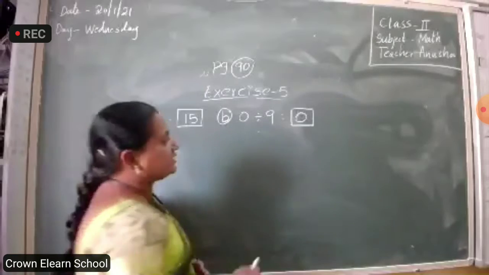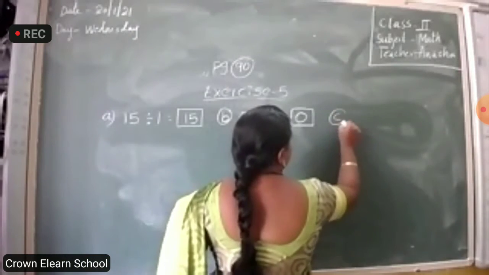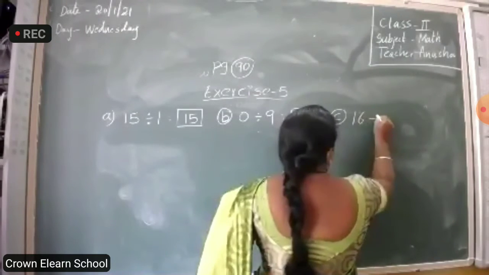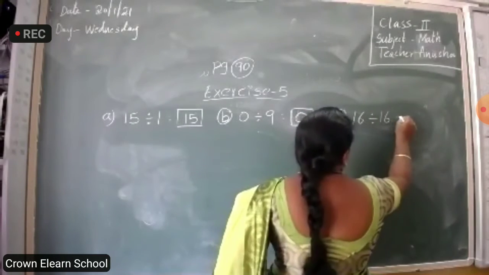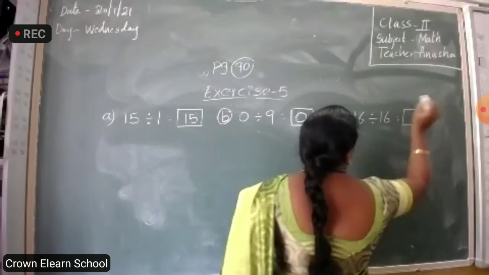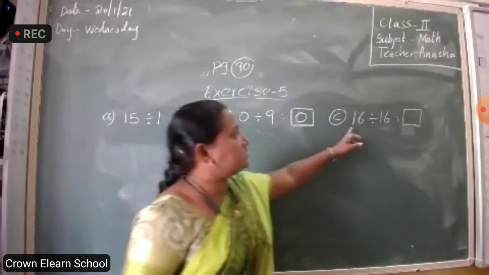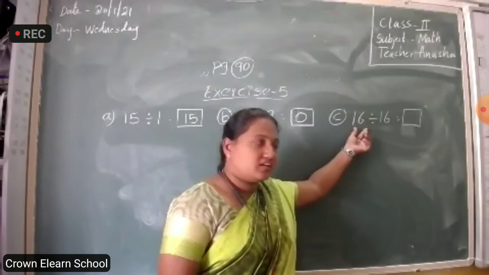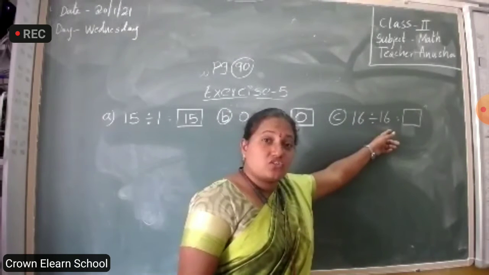Okay. Next, C. 16 divided by 16. Your mother has 16 and there are also 16 members.